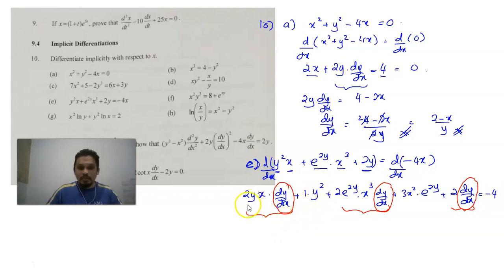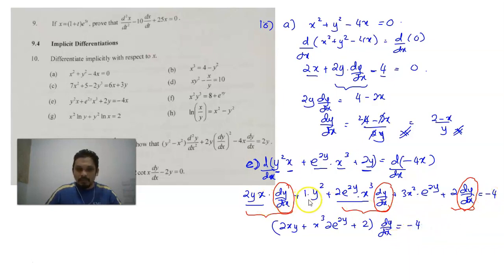So it is 2xy plus x cubed times 2e power of 2y, plus 2, all times dy/dx, equals negative 4.